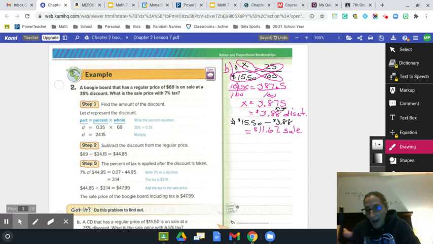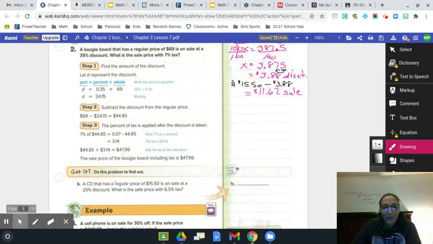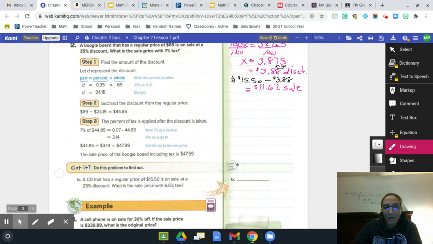We've subtracted and found the sale price on the CD at $11.62. Now remember, if I go back to the problem, we have a 6.5% sales tax that needs to be figured into this problem. We have to know when we go up to the register to pay, yep, it's on sale, here's the sale price. But in addition to that, I got to pay tax.